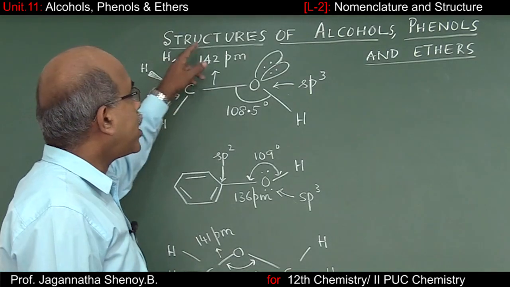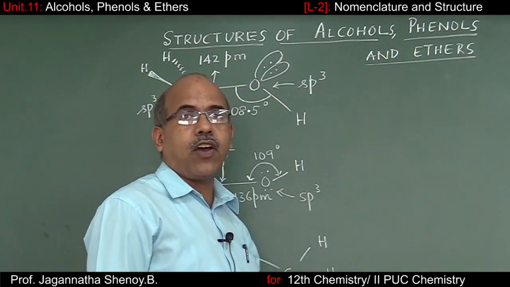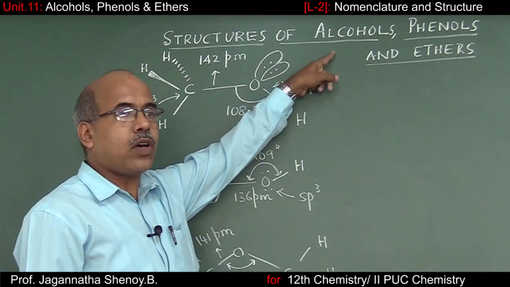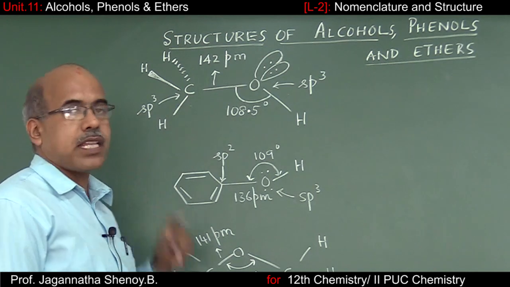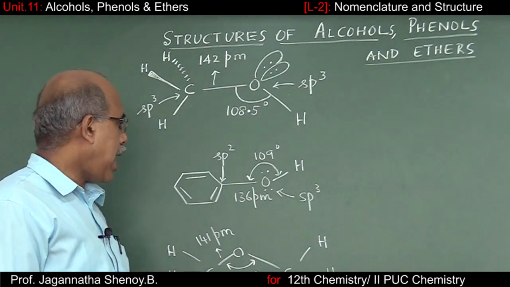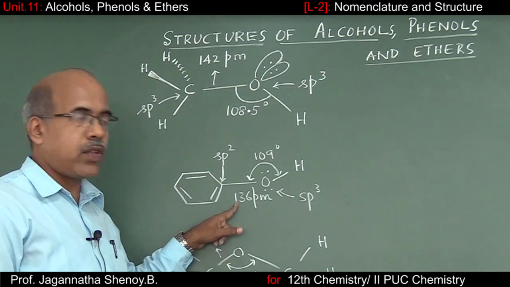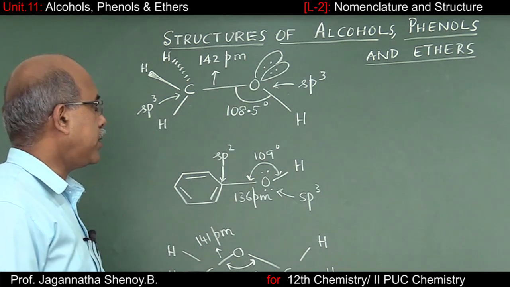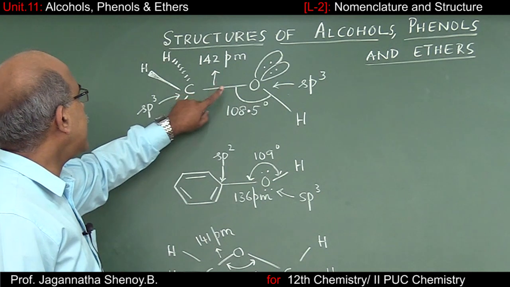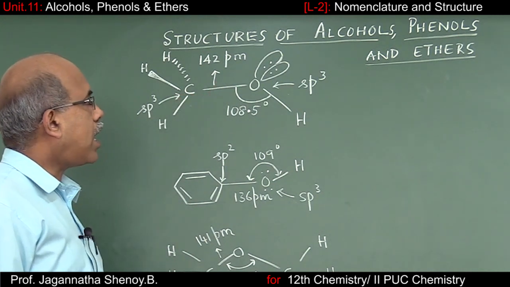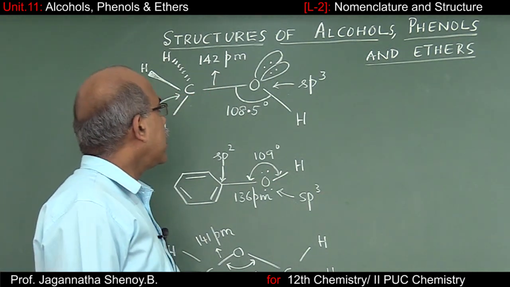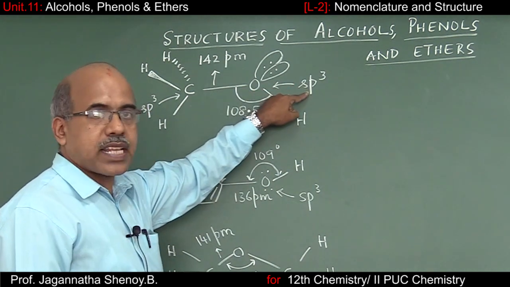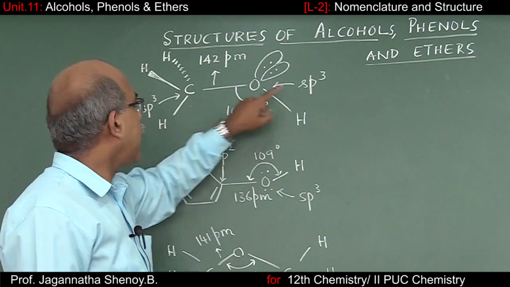We'll start from structures of alcohols, phenols and ethers. As an example for alcohol, I have considered methyl alcohol, and here we have phenol, and the last one is dimethyl ether. Let's consider the structure of methyl alcohol. In this case, the oxygen atom has undergone sp3 hybridization.